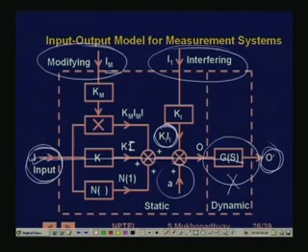This is the effect of the interfering input. Along with that, if this k itself gets modified by a modifying input, so if k changes to k plus km im, where the gain itself is getting changed, then you will have another term, which will be k plus km im into I. So that is the other term.